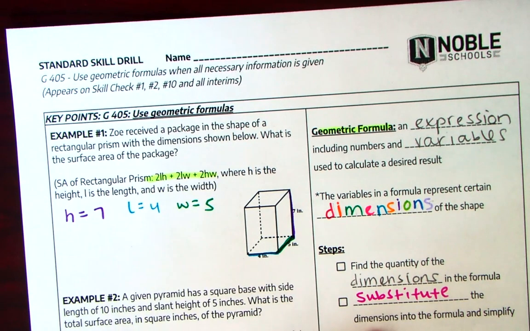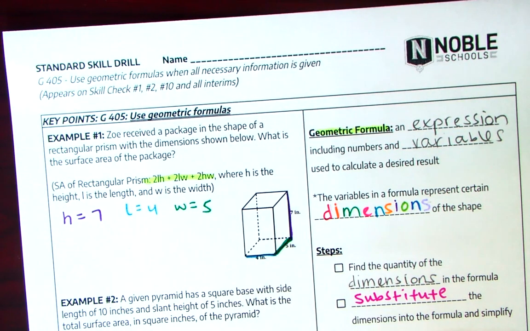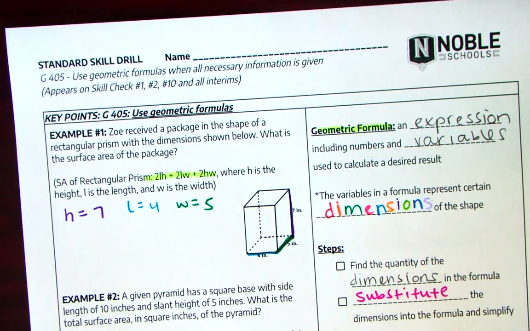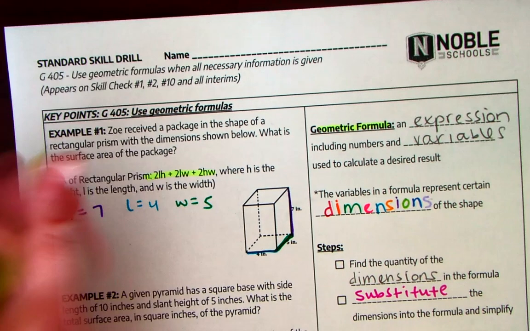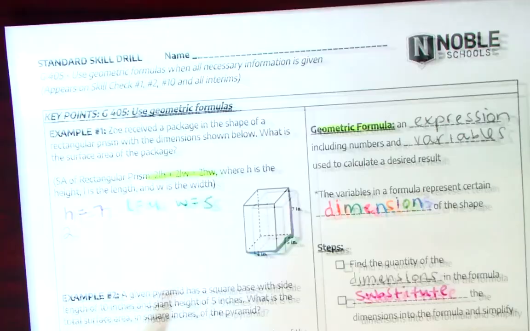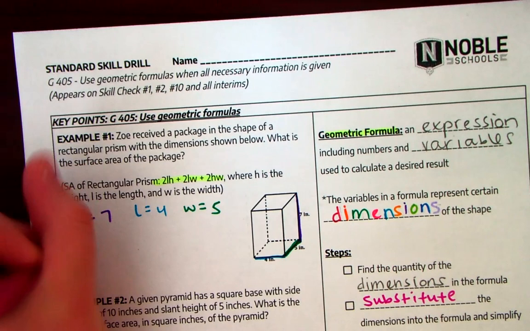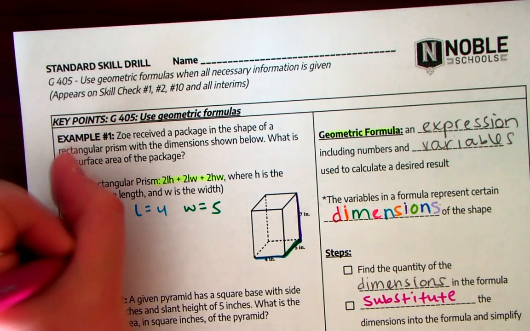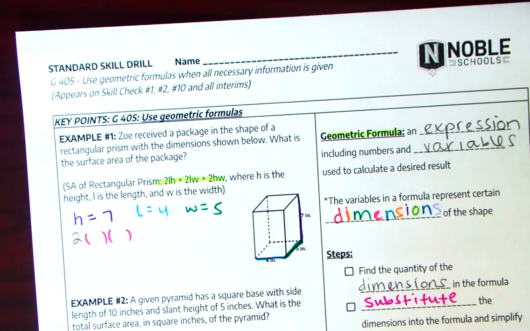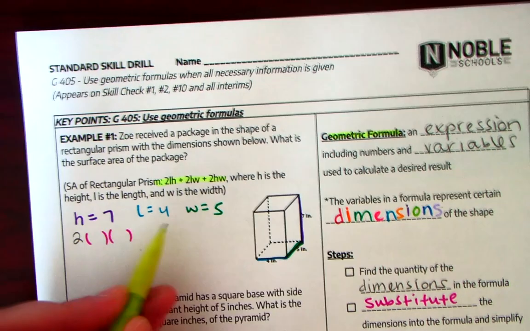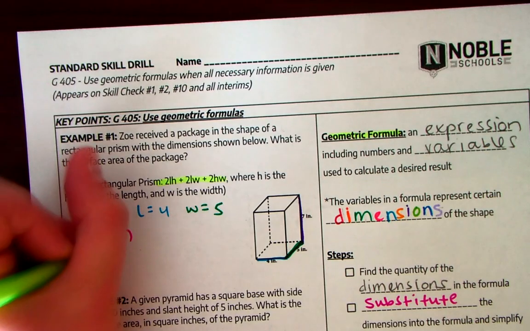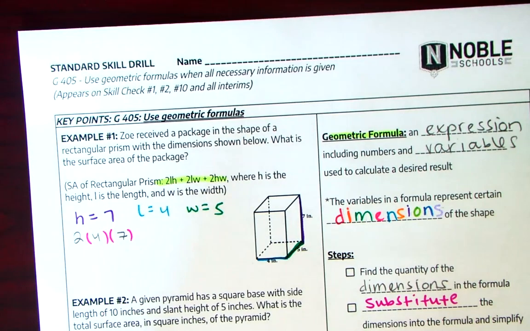Then you're going to substitute the dimensions into the formula and simplify. So basically, I'm going to do 2, and then I'm going to substitute a length and a height, right? So length is 4 times 7, okay?